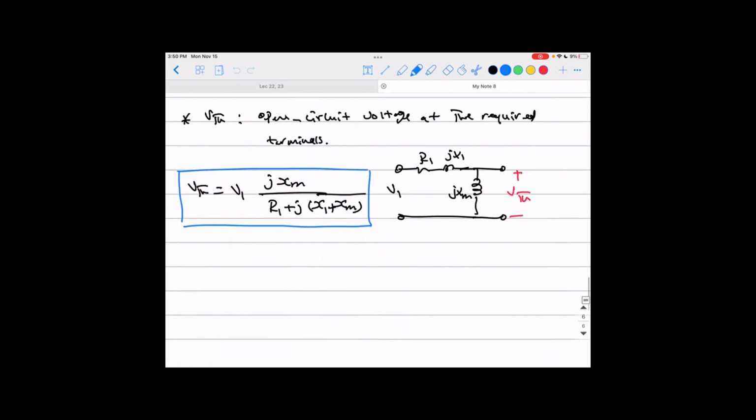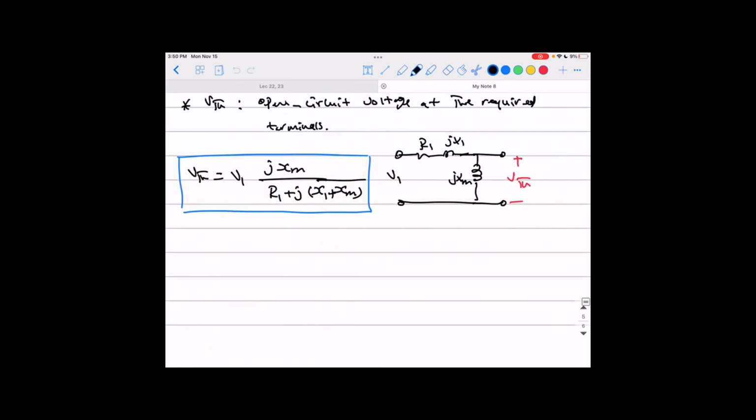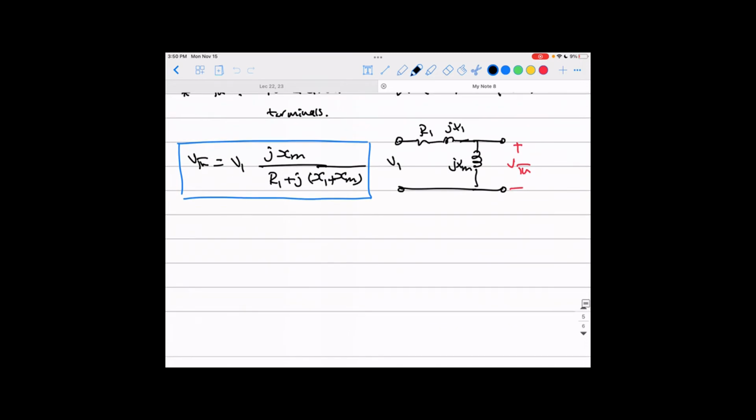What about the Thevenin impedance, which is R Thevenin plus JX Thevenin?